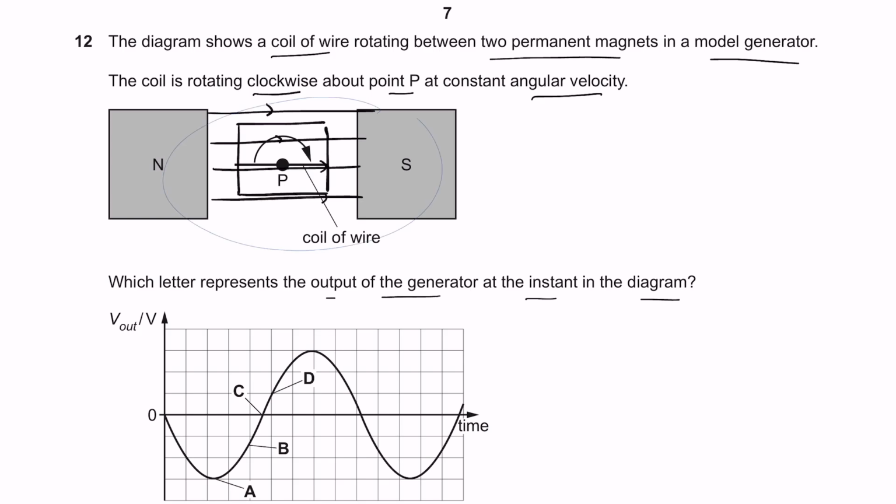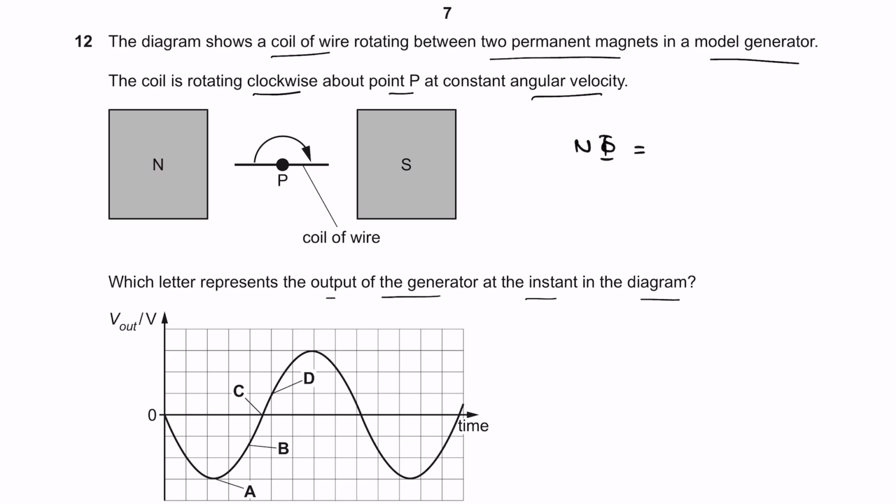So therefore, the EMF generated will be maximum. The N phi will be minimum. This will be 0, but the EMF is going to be maximum. So in this case, it is letter A that is applicable to our graph and hence our answer.